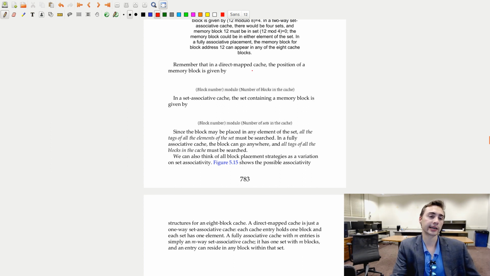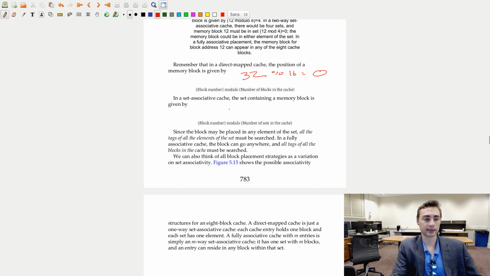So if we had 32 mod 16, it would be in block 0. And in a set associative cache, it would be 32 mod the number of sets in the cache, say 4 sets.